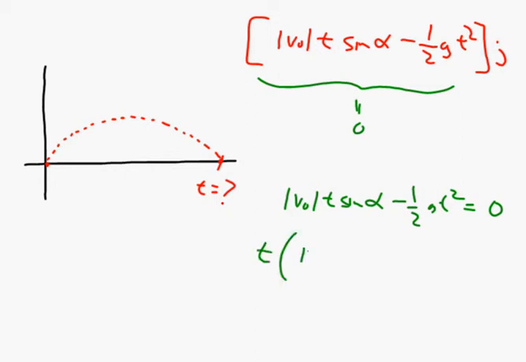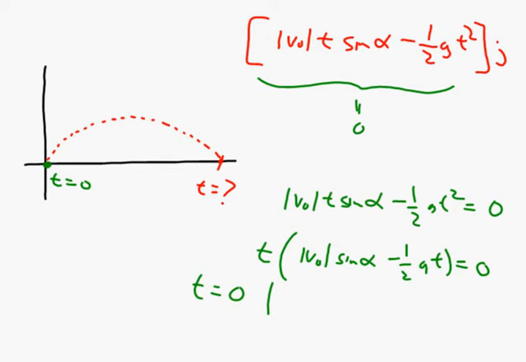Then inside we have the norm of V0 sine alpha minus 1/2 g t equals 0. And the first factor gives me t equals 0. If you think about that, that's just over here. That's when this thing starts off, before it's shot out in the direction of V0.